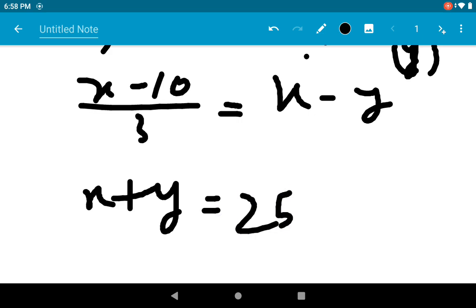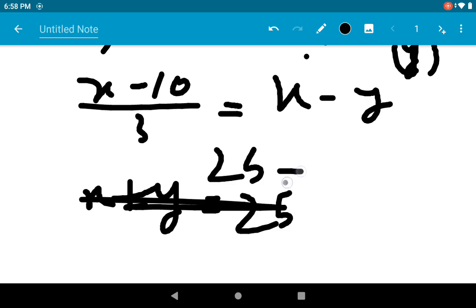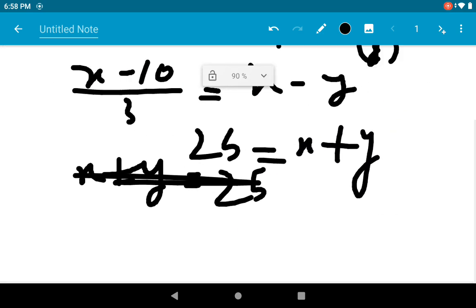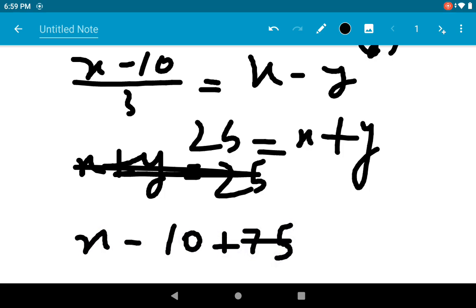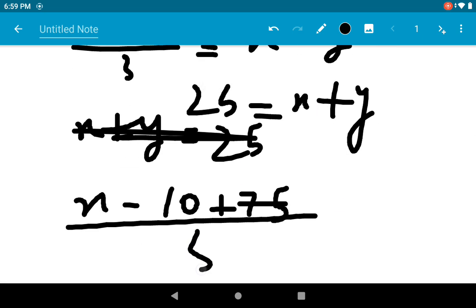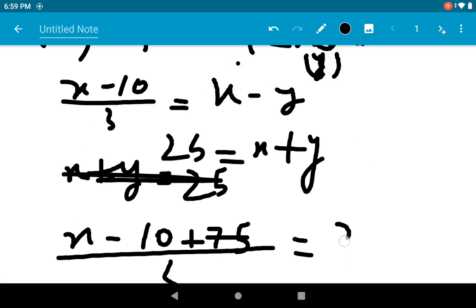So now we can just add these two equations, or let me write 25 equals x plus y for the sake of convenience. So I'm going to have (x minus 10 plus 75) over 3 equals 2x.